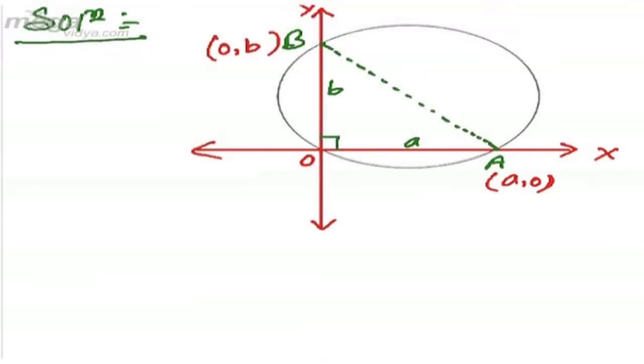So AB will be the diameter whose end points are given. So now we will find the equation of the circle using the diameter form.